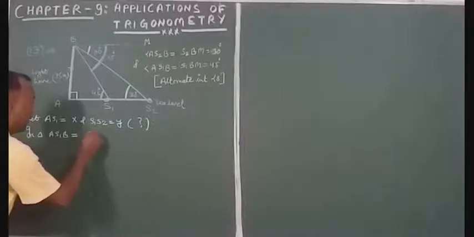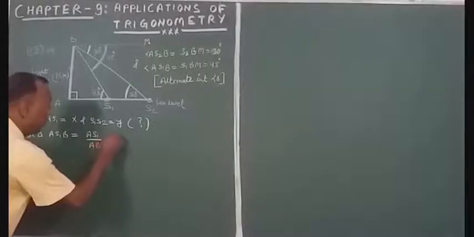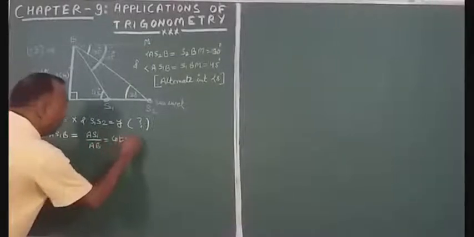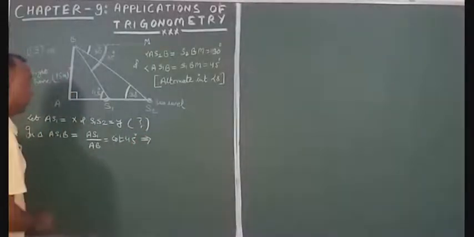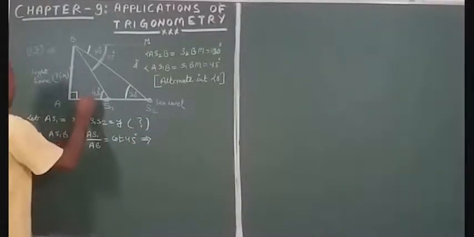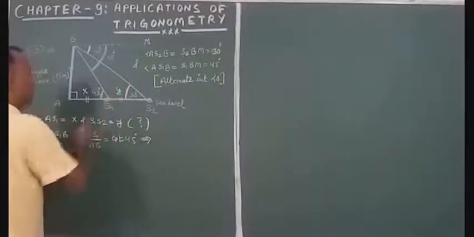This AS1 upon AB will be equal to cot 45 degree. AS1 we have taken X, and this distance we have taken Y. So what will happen?